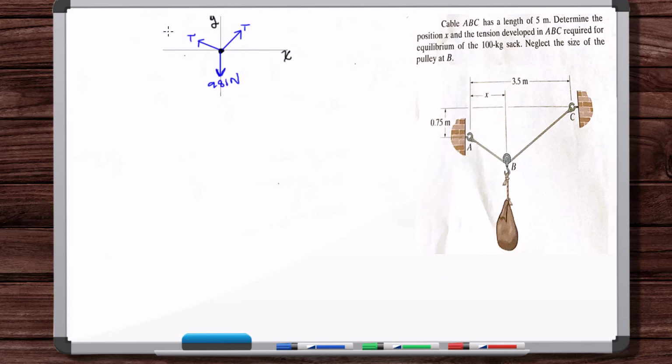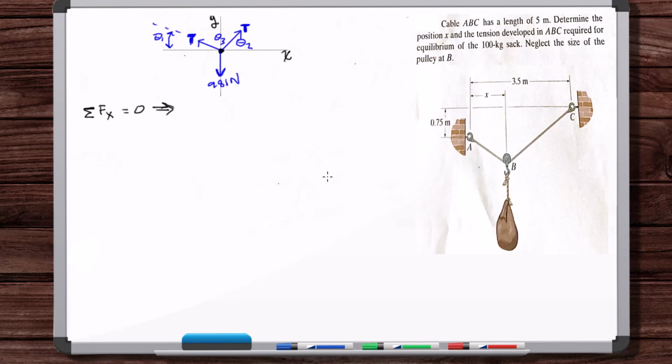Okay, so let's call this T. Let's call this angle theta 1. Let's call this theta 2, and let's call this theta 3. Okay, so now let's go ahead and sum our forces in the X and the Y direction. Sum of the forces in the X must equal 0 because that piece of cable is not moving.